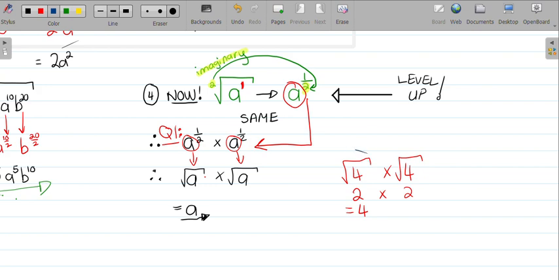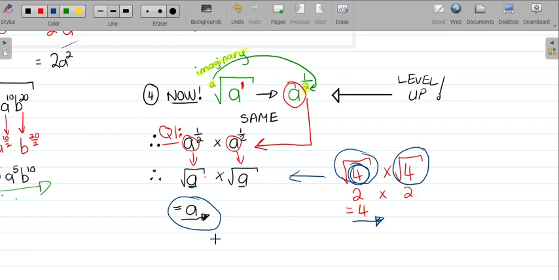If we take the square root of the same number and multiply it by each other, our final answer will be the number that's on the inside of the root. So we can apply the same concept: if we take the root of a times the root of a, our final answer will be the number or the variable or whatever is inside of the root. So our final answer is just a.